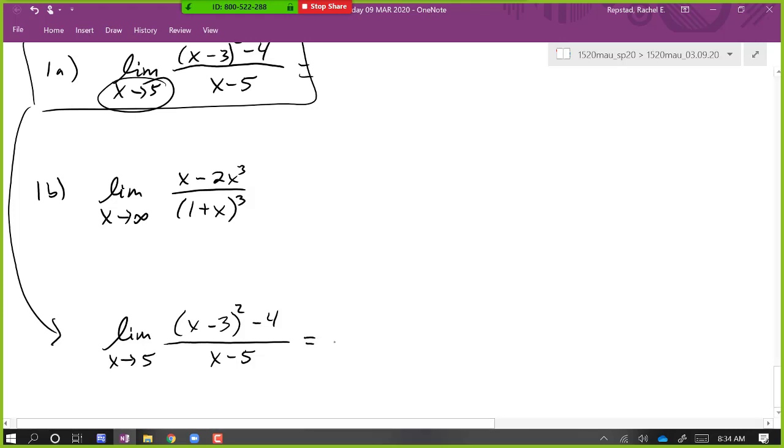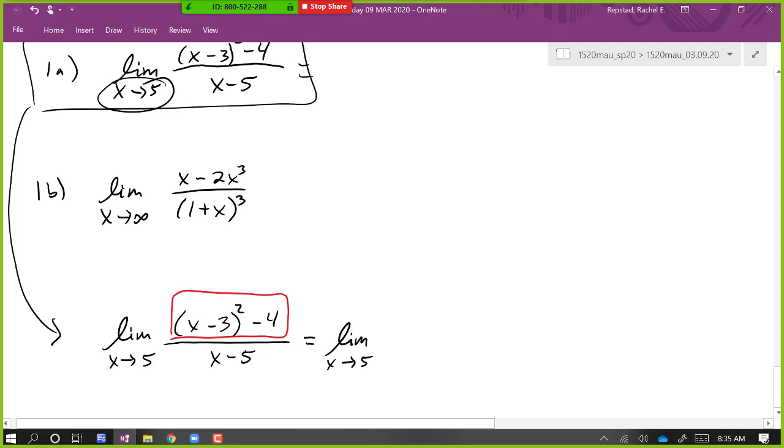Now, you have two choices. They'll both lead you to the same correct answer. One choice is in the numerator, you could FOIL out the x minus 3 squared, combine like terms, get a quadratic, and then see if you can factor it. The other option is if we recognize that what we have up here is a difference of squares.